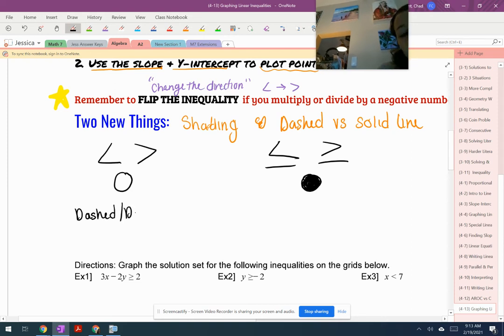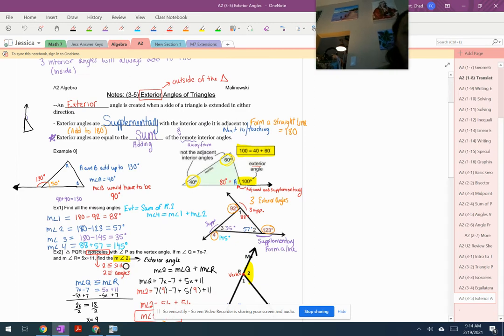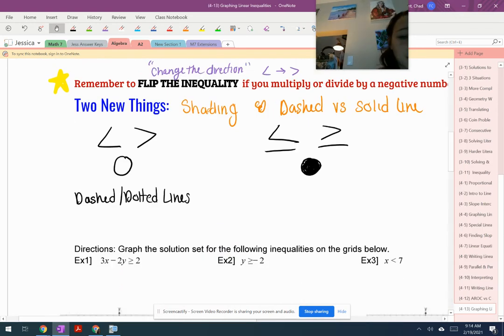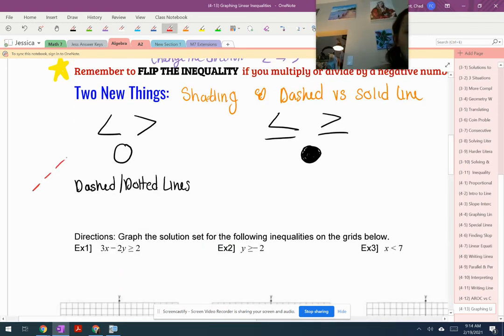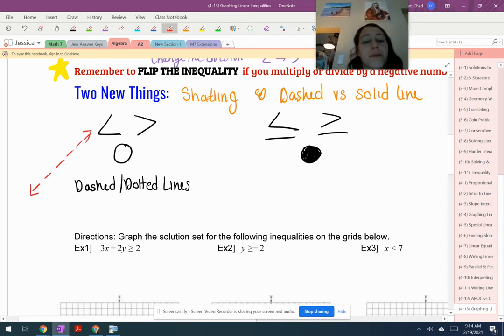Dashed or dotted lines. Meaning that when you draw those lines, it's going to look something along the lines of that. It's going to be a dashed, not a solid straight line.